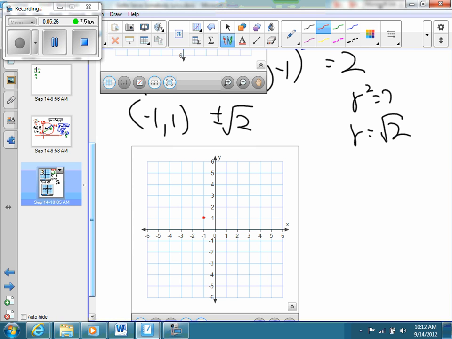So with a radius of about 1.5, that's going to give me a dot there, and there, and there, and there, and I'm going to try as I might to connect that with a circle. Not bad. So I've now graphed this by hand. That look okay? But now I need to find my intercepts.